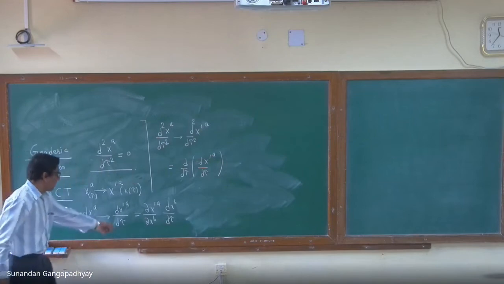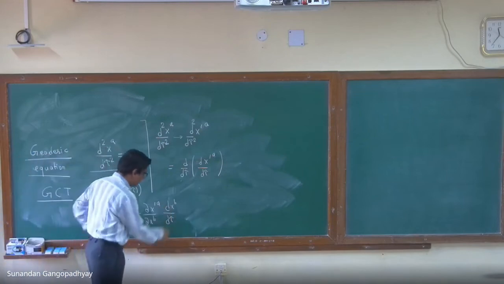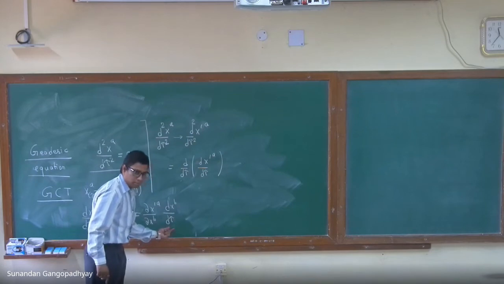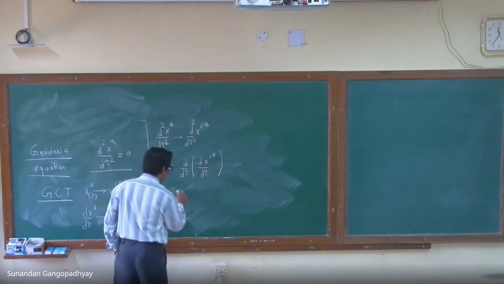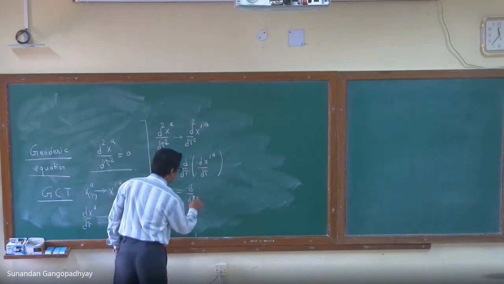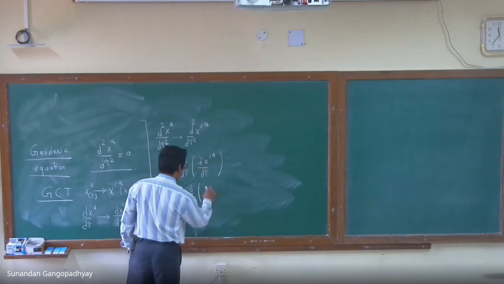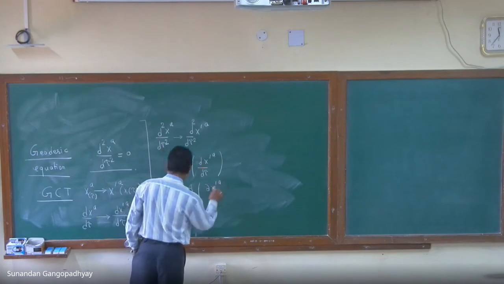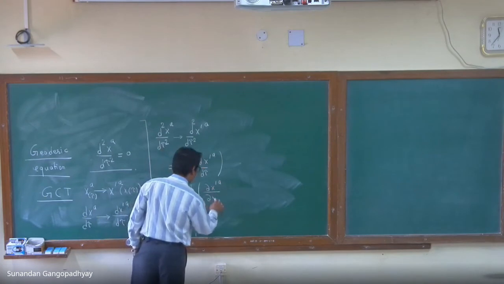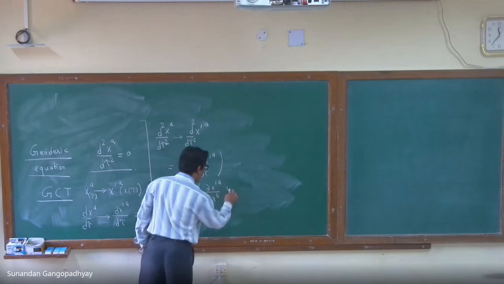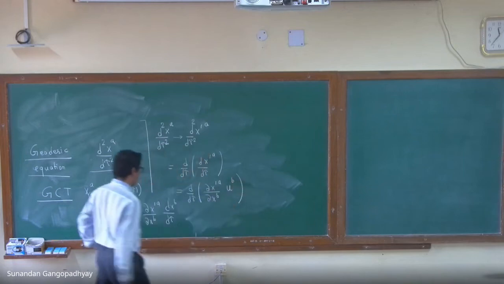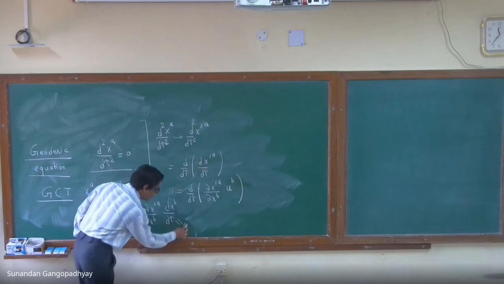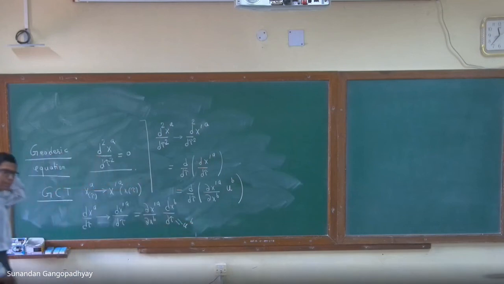And dx prime/d tau is this, this is dx/d tau. This is u^b. So you can write this as d/d tau, this is del, and this is a tangent vector.